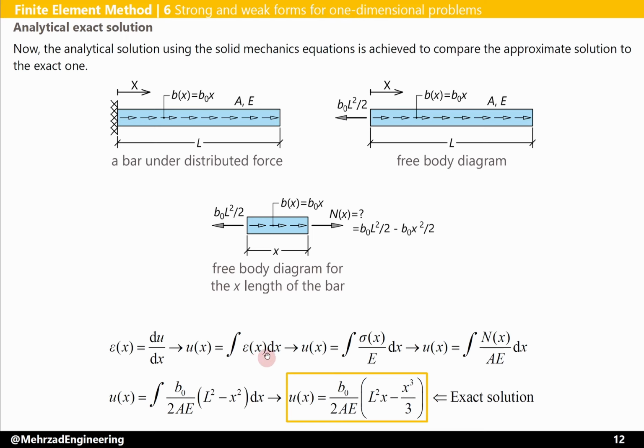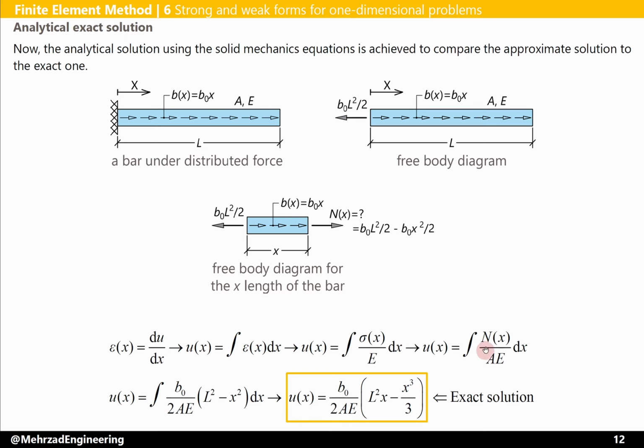Instead of the normal strain, we could use Hooke's law and write sigma divided by E. And instead of normal stress, we could use the definition, which is equal to the normal internal force divided by the cross-sectional area, which is A here.